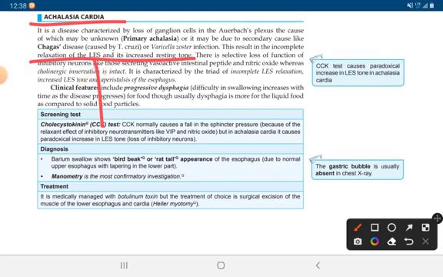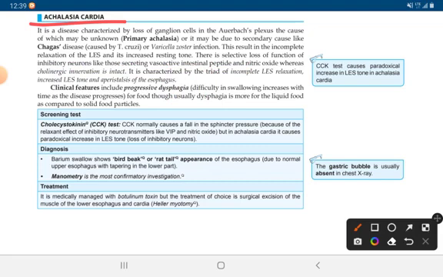There is selective loss of function of inhibitory neurons, like those secreting vasoactive intestinal peptide, the VIP, and nitric oxide, whereas the cholinergic innervation is intact.